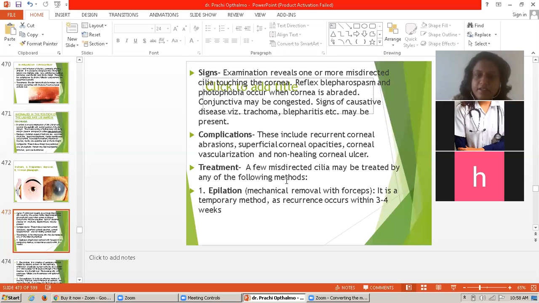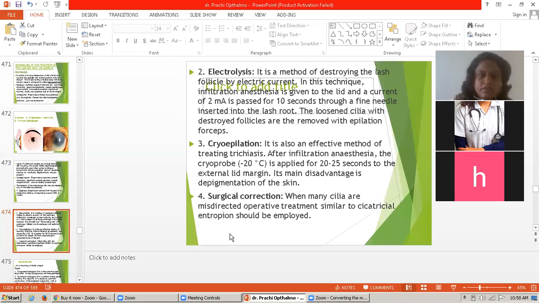In treatment, firstly, there is epilation, the mechanical removal of the cilia using forceps. Second is electrolysis, a method of destroying the lash follicle by electric current.